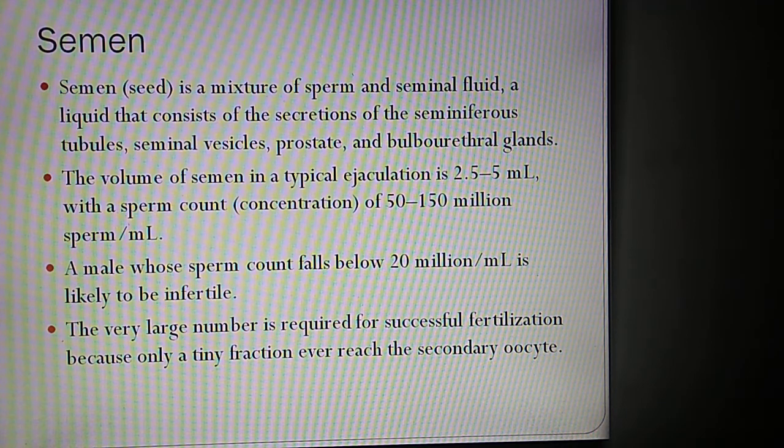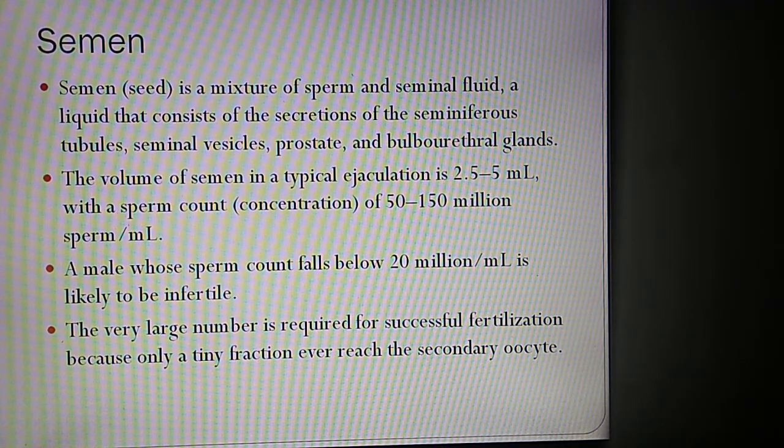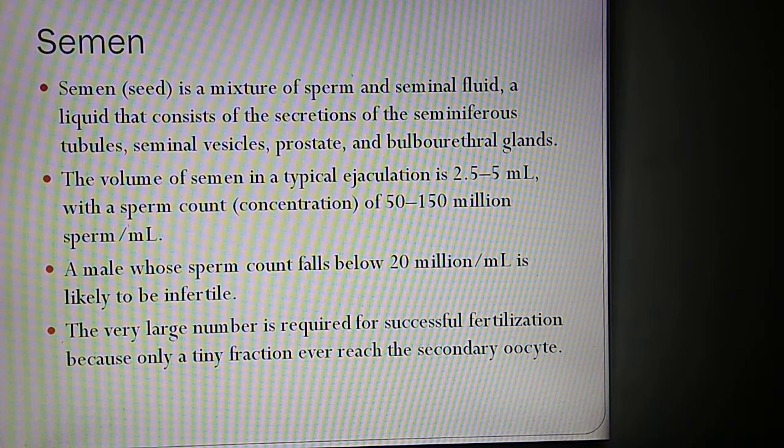A male whose sperm count falls below 20 million per ml is likely to be infertile. A very large number is required for successful fertilization because only a tiny fraction ever reaches the secondary oocyte.